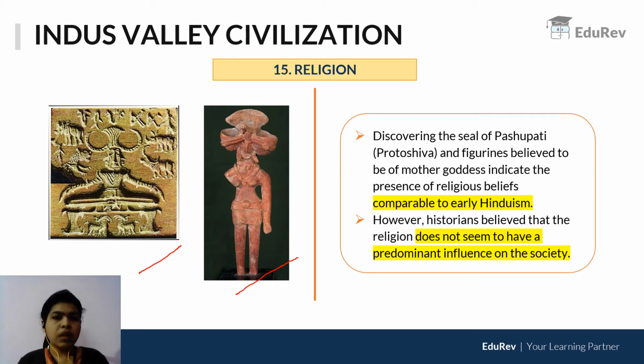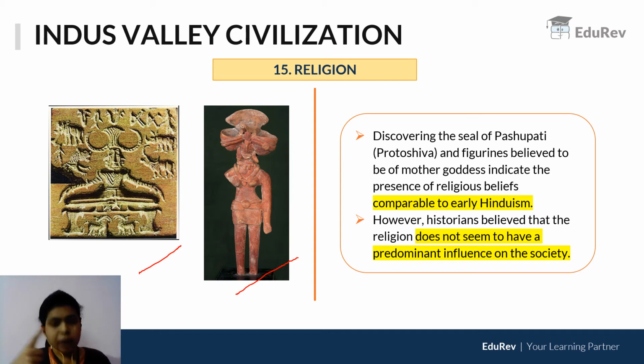Now, from this Mother Goddess, we can extrapolate the discussion in two aspects. One thing is the worship of the Mother Goddess indicates that there might have been a matriarchal society. Indus Valley Civilization might have been a matriarchal society. That is one interpretation. What is the second interpretation?